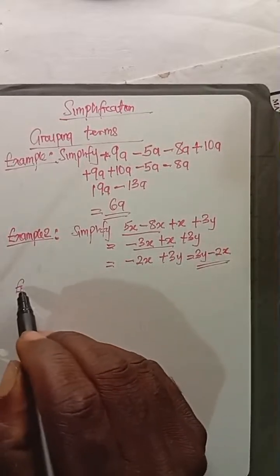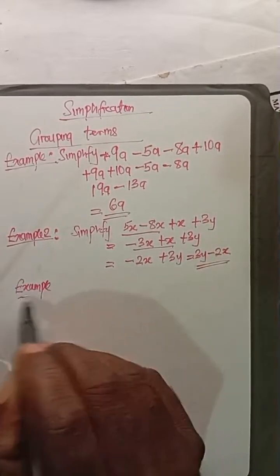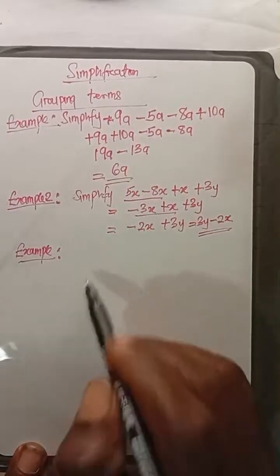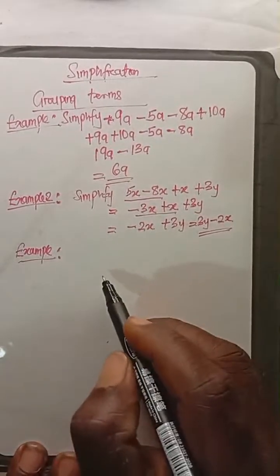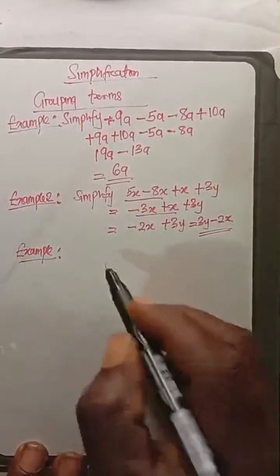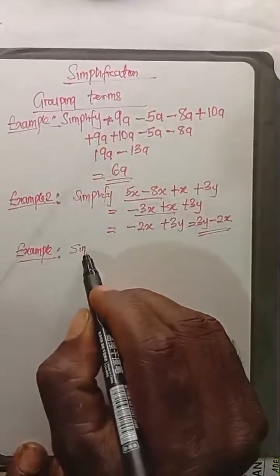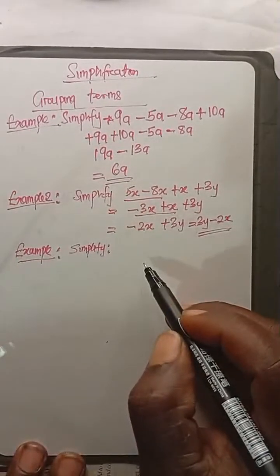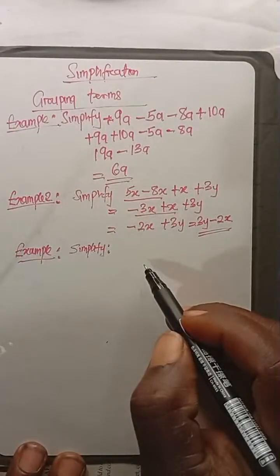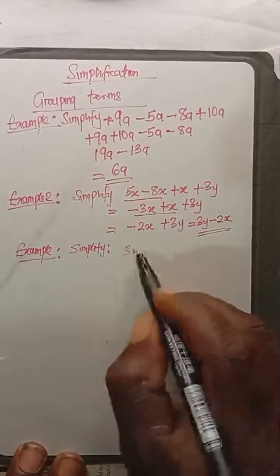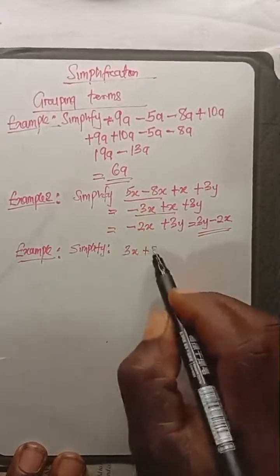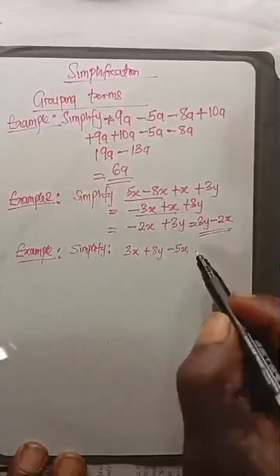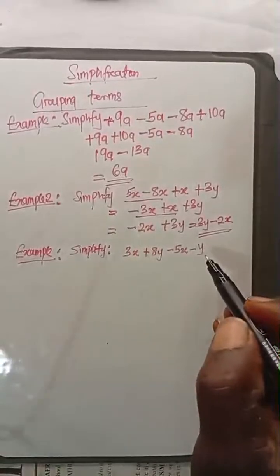Another example, a very good example, says: simplify 3x plus 8y minus 5x minus y.